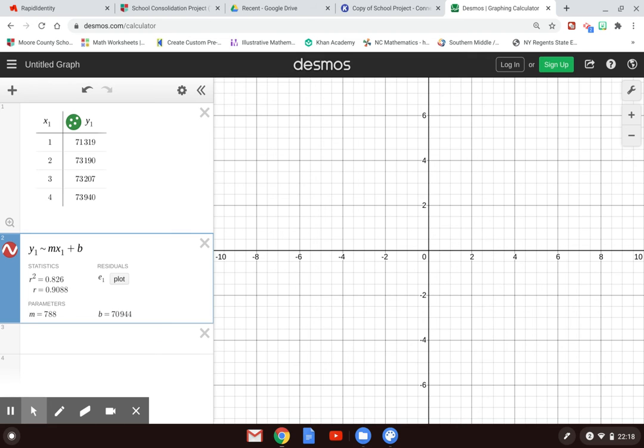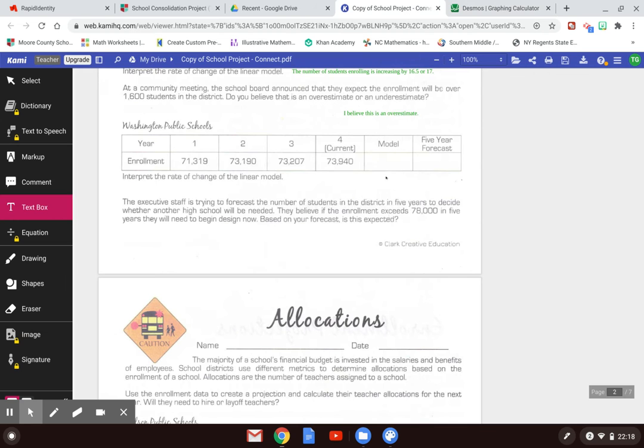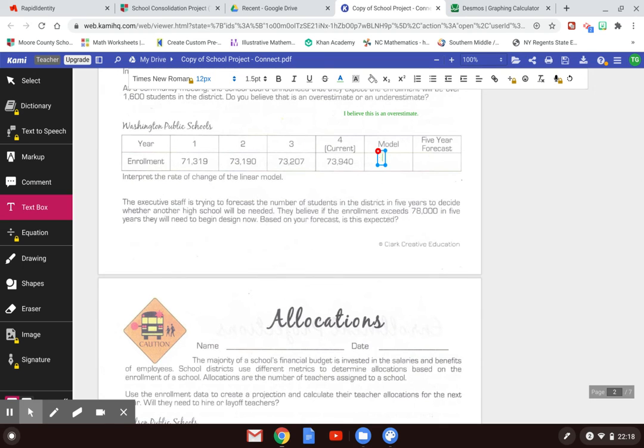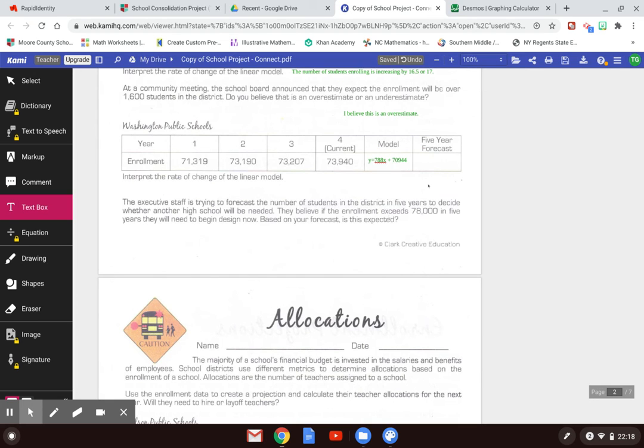And your y-intercept is 70,944. So that's your linear model.